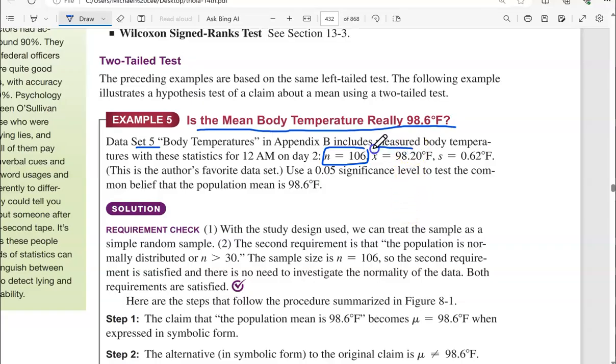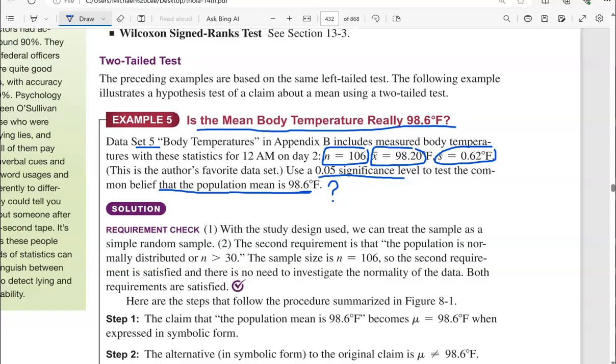The mean body temperature is 98.2, and the standard deviation was 0.62. Based on this and using a 0.05 significance level, can we say that the mean body temperature is 98.6? That is the question. So let's do the testing here.